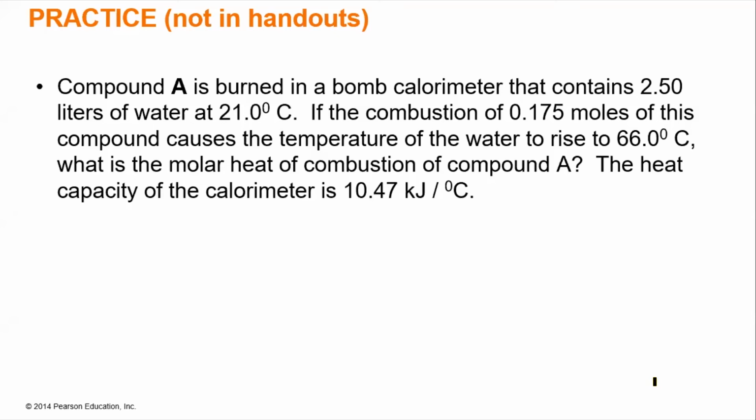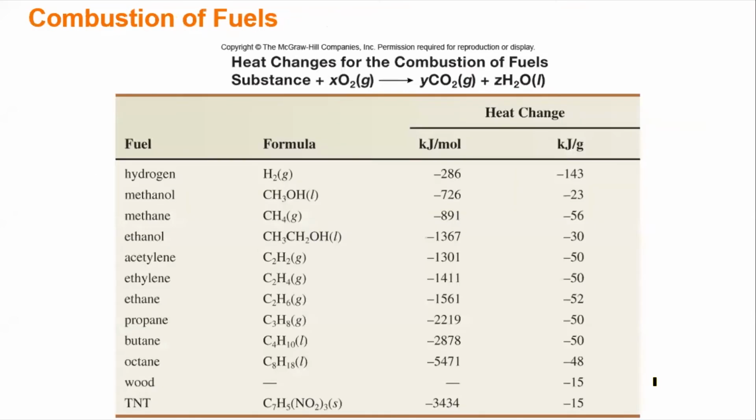If I can get this thing to work. Oh, there we go. So this is a table that shows us on the left different kinds of fuels. Has a name, and then in the second column it has the formula in case you're interested. And then it gives you the heat change. Now look at the top. This is the typical reaction for a combustion reaction.